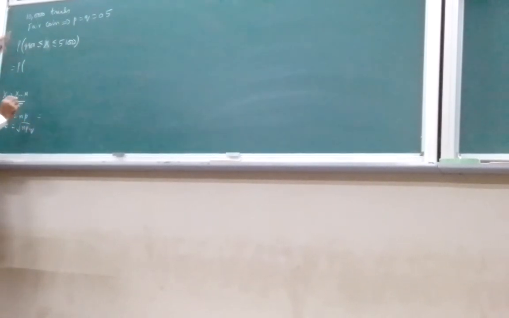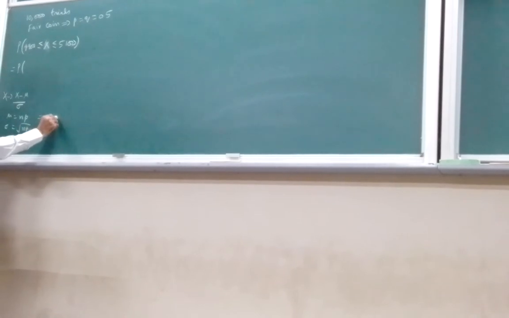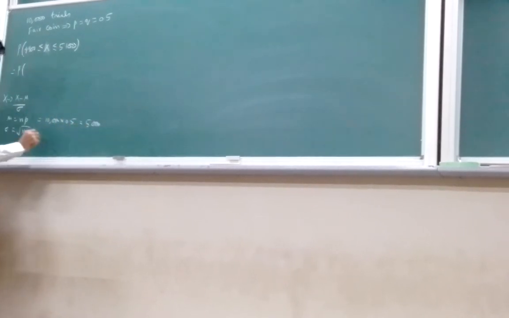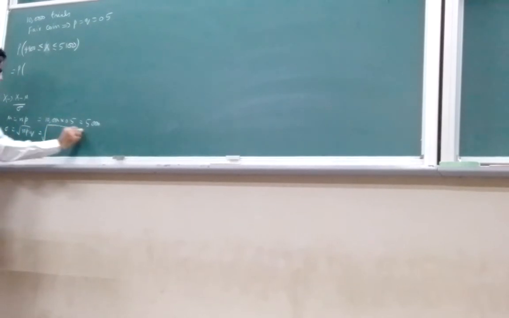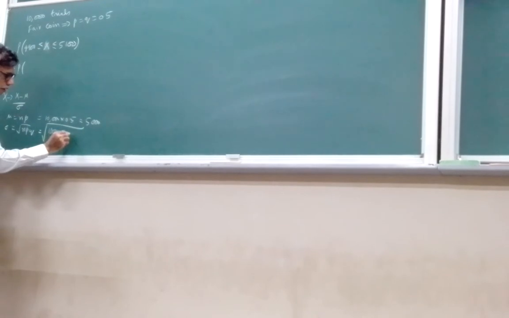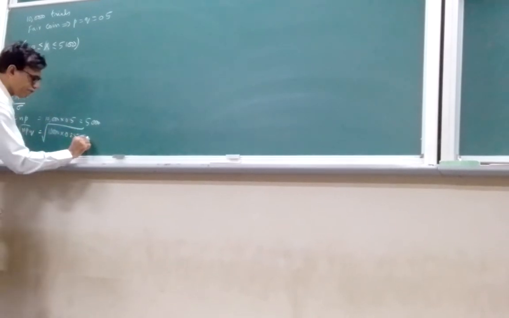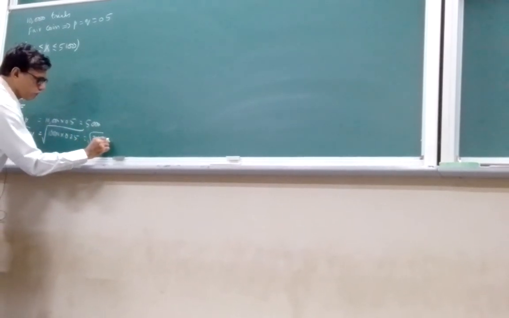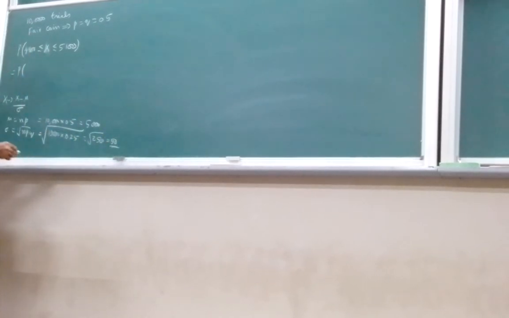So in our case it will be 10,000 into 0.5, that will be 5,000, and npq would be 2,500. Sigma will be 50.